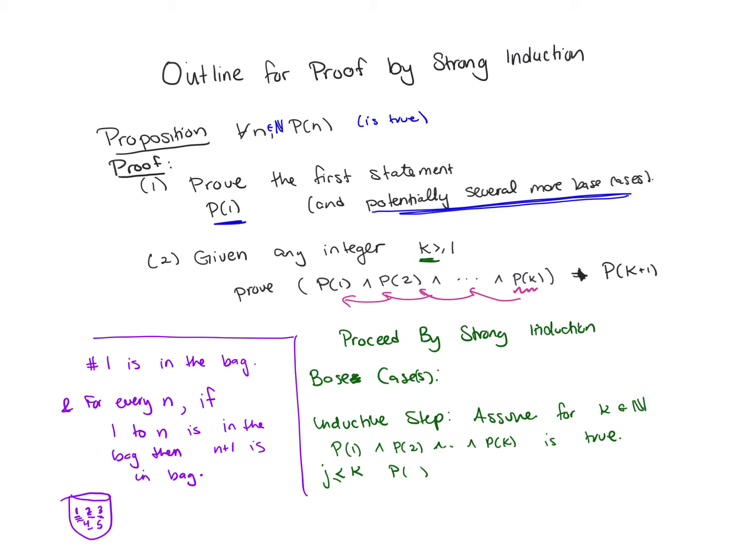So it's true for everything up to some point. And maybe I'm going to have a lower bound on my j here, which may or may not be 1. Okay, so again, let's see this in an example. I'm going to assume that p sub j is true, and then I'm going to show that the next one, p sub k plus 1, is true.